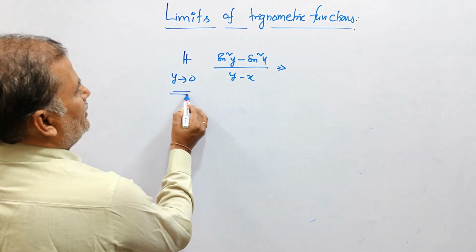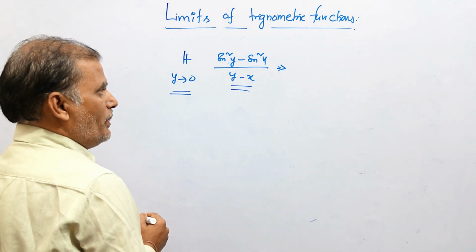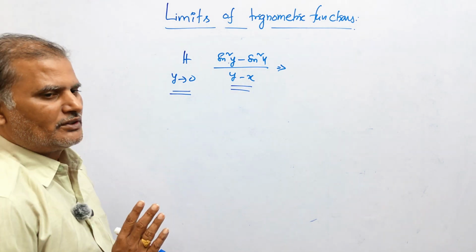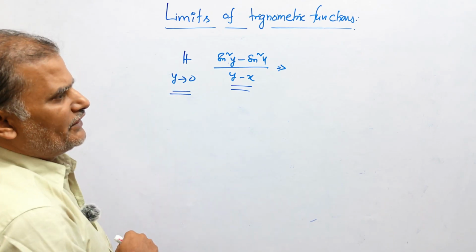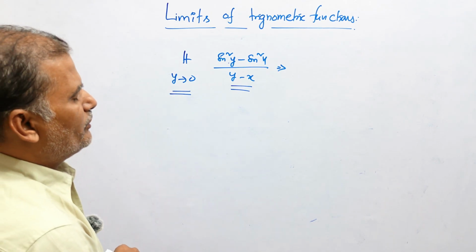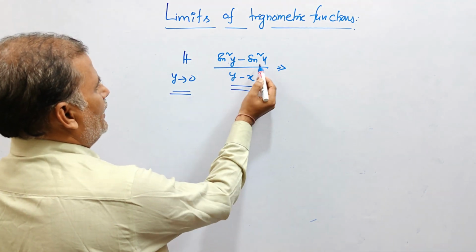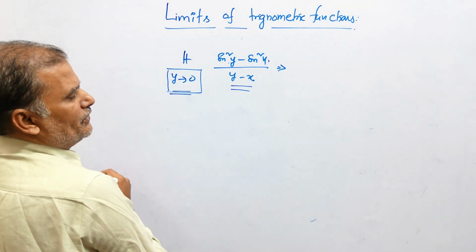Here y tends to 0, here y minus x both are there. By using L'Hospital method, easily we can find out. By L'Hospital, because y tends to 0 here. Therefore, by using L'Hospital, with respect to y only, not with respect to x, because the limit y tends to 0 is given.